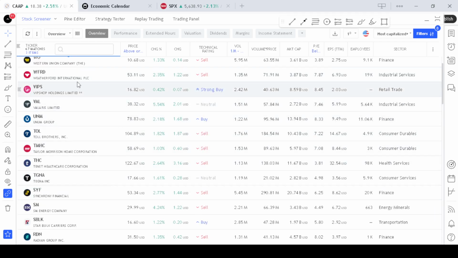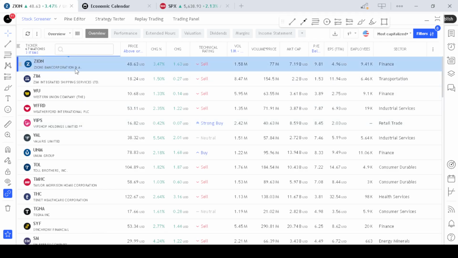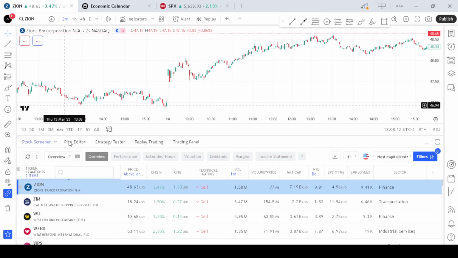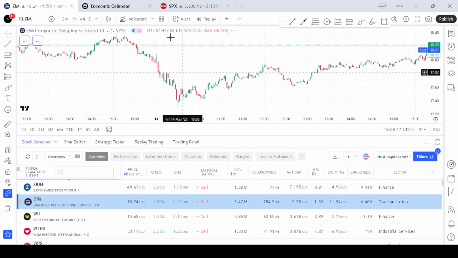We have to click on the individual stocks to view their chart and their performance for more detailed analysis. If we click any of these stocks, we would see more detailed information on the chart.